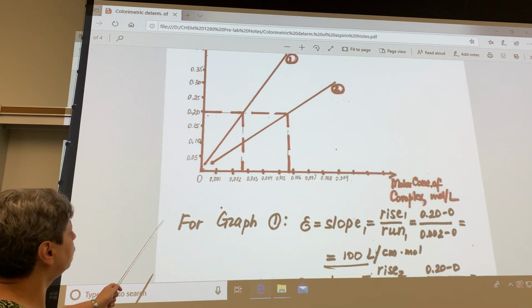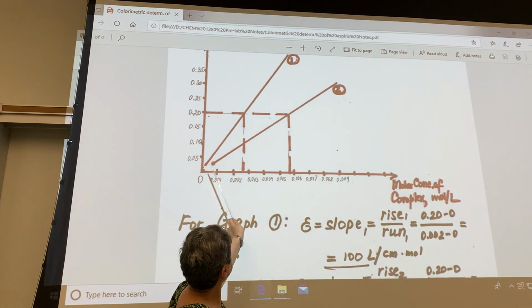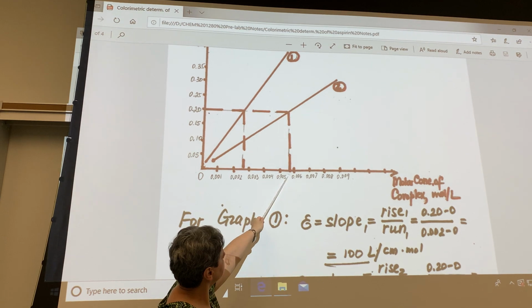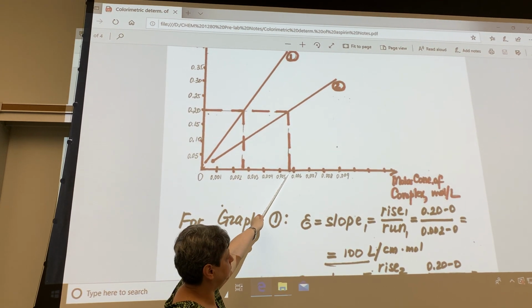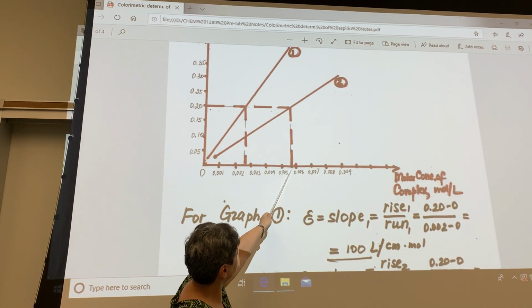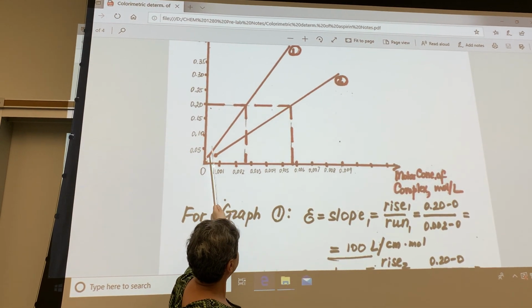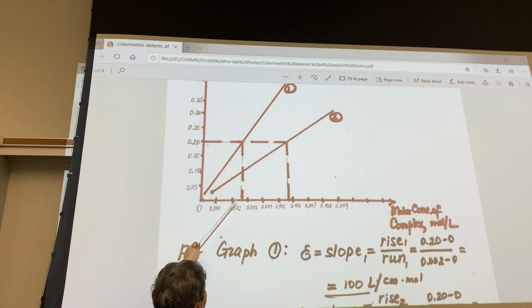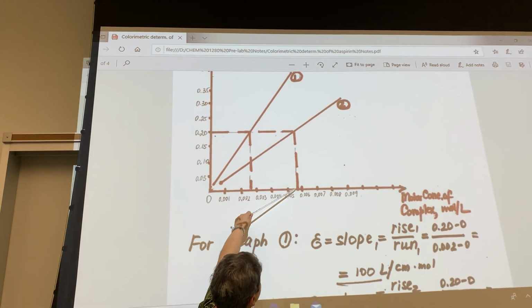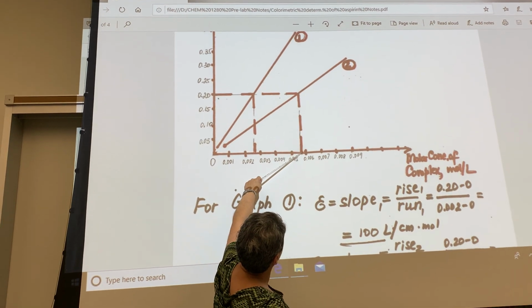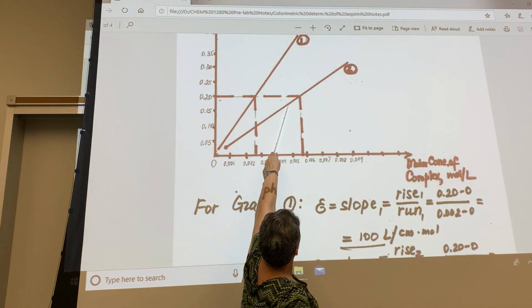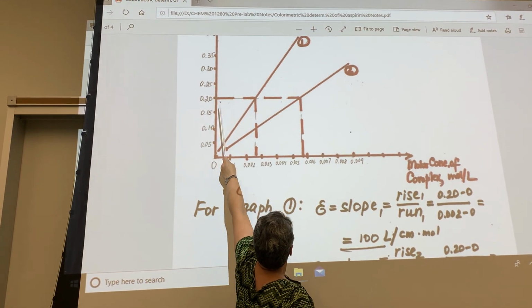And as you can see, for the same run, so this is my run obviously on the x-axis, I have close to 0.006 for both of them. But rise is significantly different for both of them. So if I have this run here, my rise for graph 2 would be about 0.2.